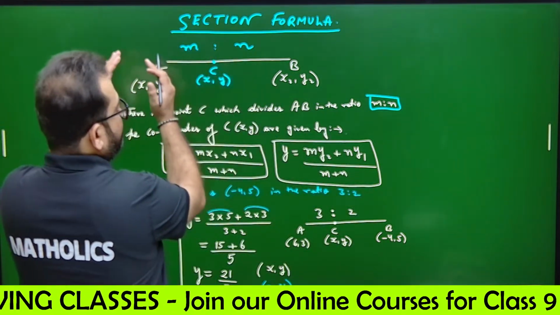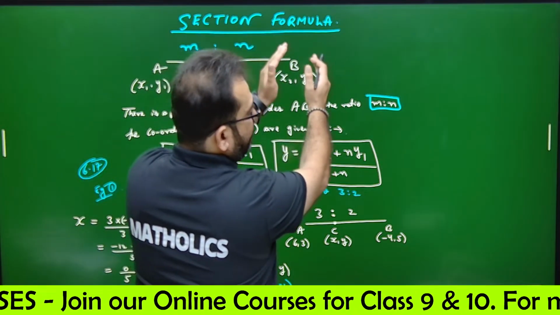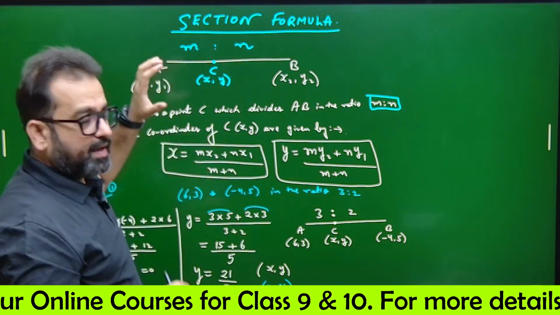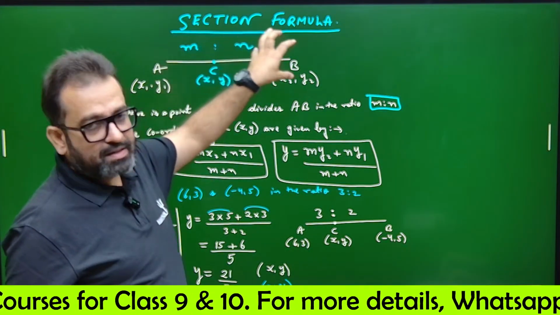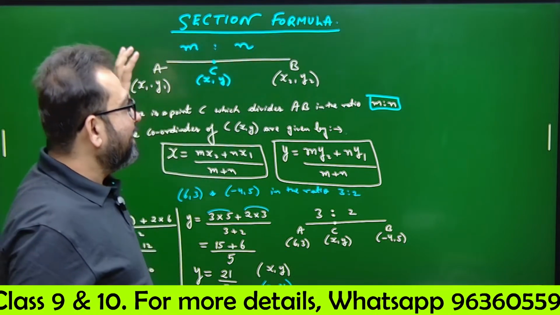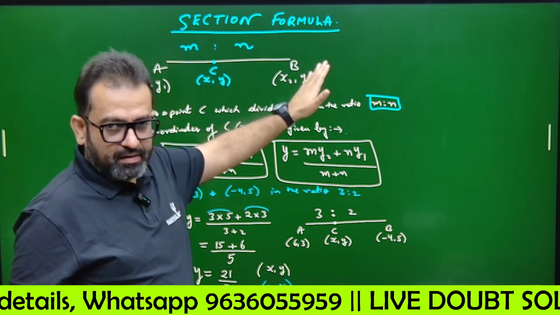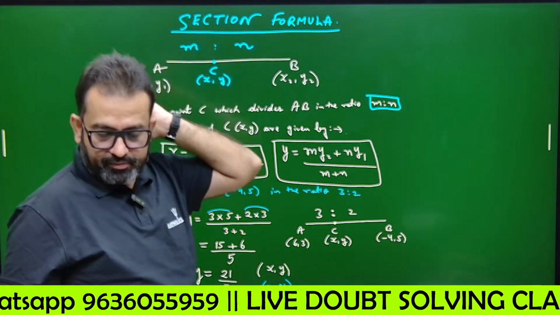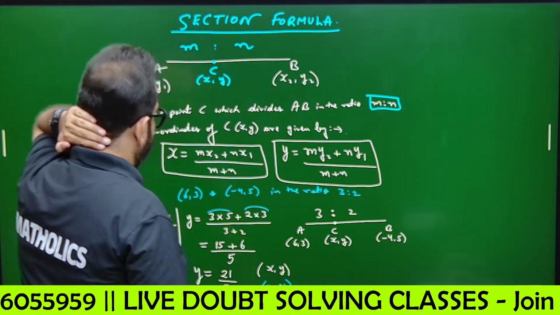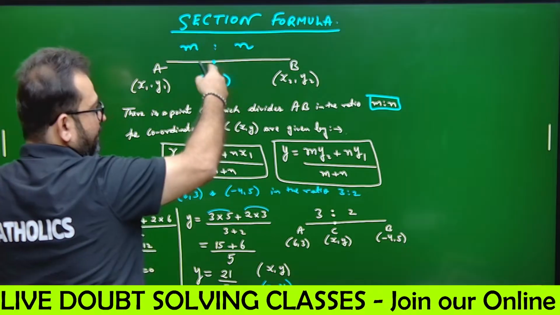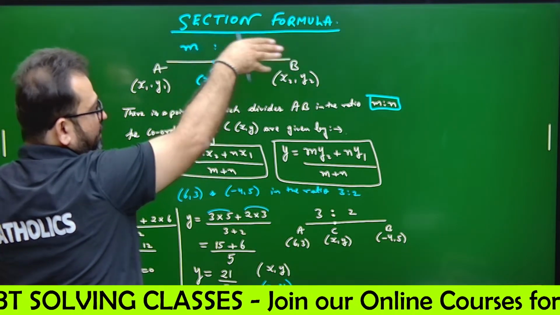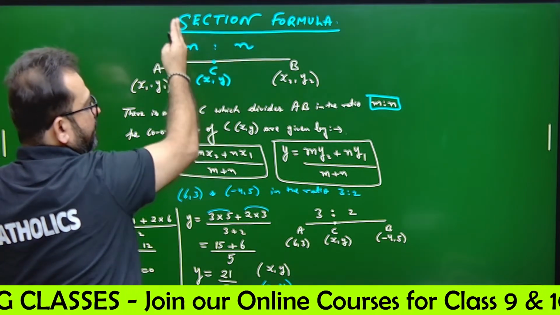If one point is x1 comma y1, other point is x2 comma y2. There is a point C which divides AB in the ratio m is to n.